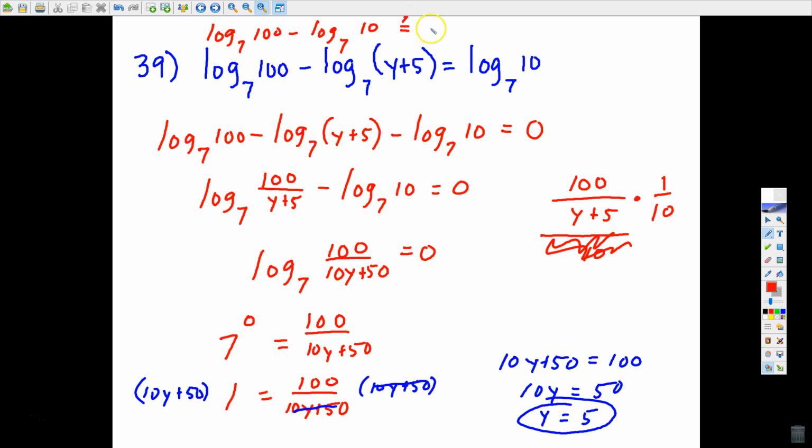Does that equal log base 7 of 10? Well, using the quotient property, we could treat this as log base 7 of 100 divided by 10, which would give us log base 7 of 10. 100 divided by 10 is 10. So that does work. We have a good answer, and so that is your final answer for number 39.